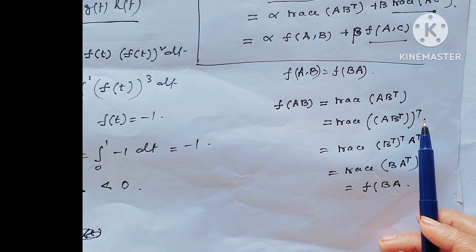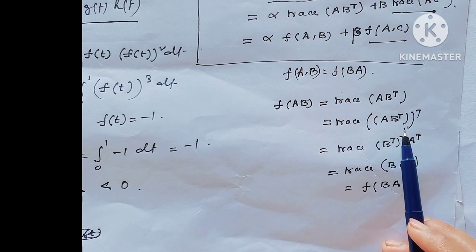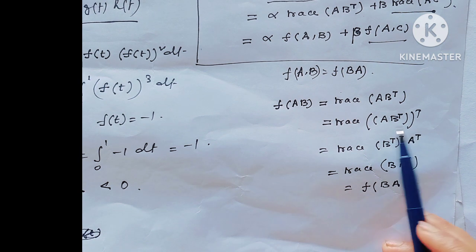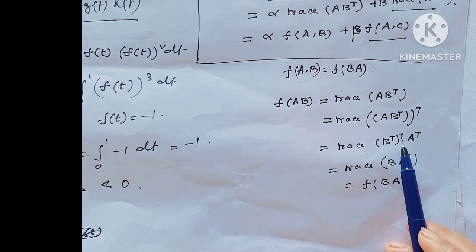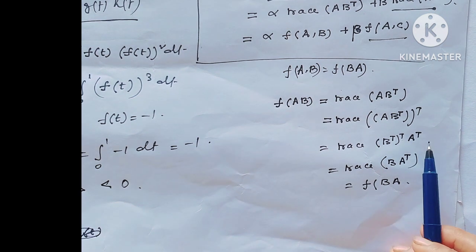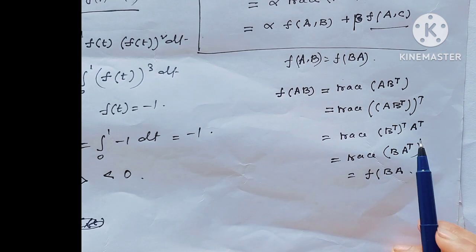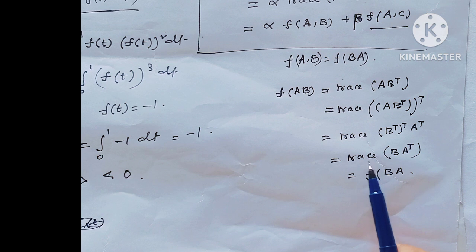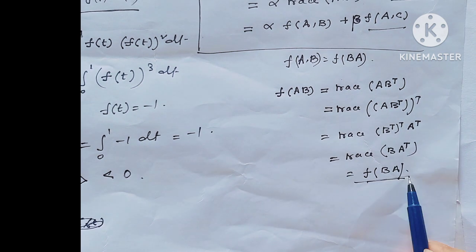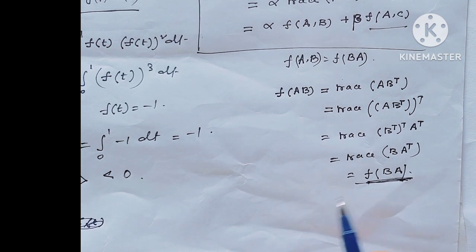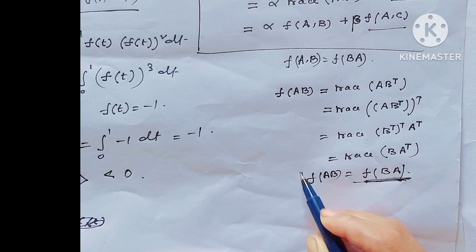By the property of transpose, this would be B transpose transpose times A transpose. And B transpose transpose means obviously B, so this is trace of BA transpose. And trace of BA transpose is nothing but trace of BA. Therefore, f of AB equals f of BA.